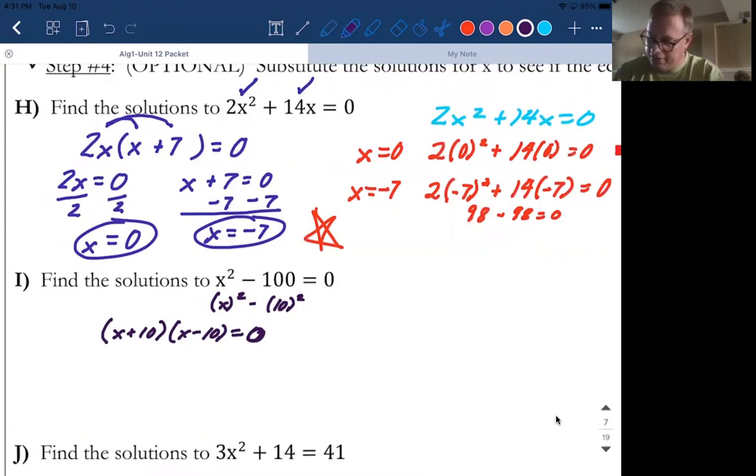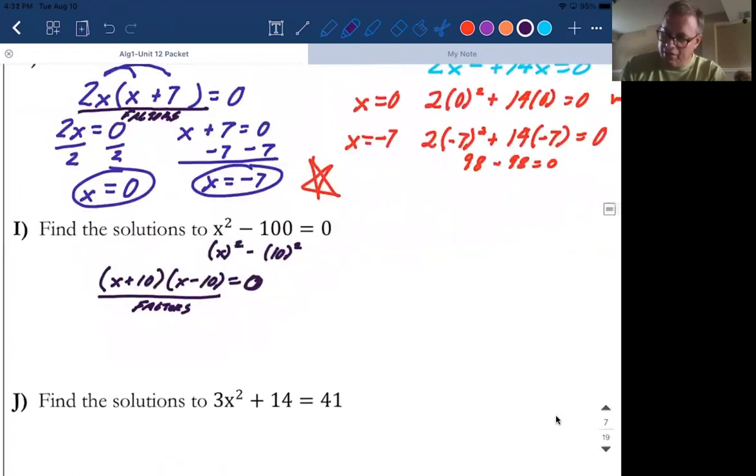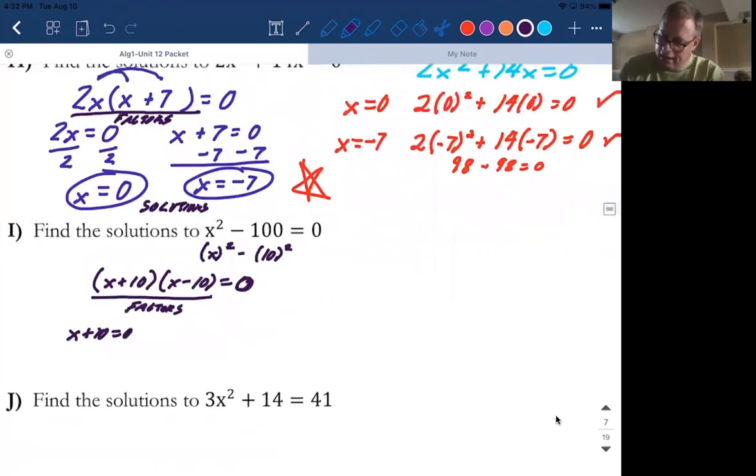These are the factors, just like up above here. These are the factors. So 0 and -7 on the last one were the solutions. So to find the solutions here, I'm going to set x plus 10 equal to 0, and I'm going to set x minus 10 equal to 0.